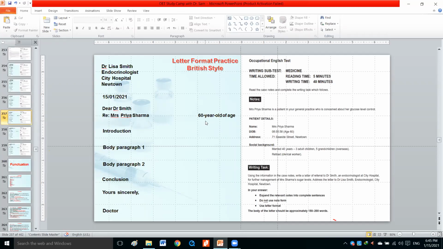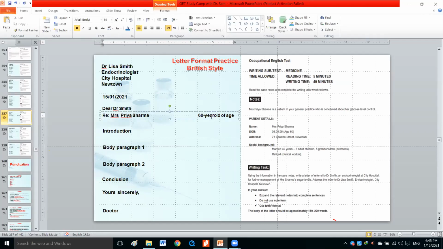Okay. Regarding the age, is it correct to write 60-year-old of age this way? Yes, I think in British or American, two are correct. But here it's incorrect to write 60-year-old with hyphens.